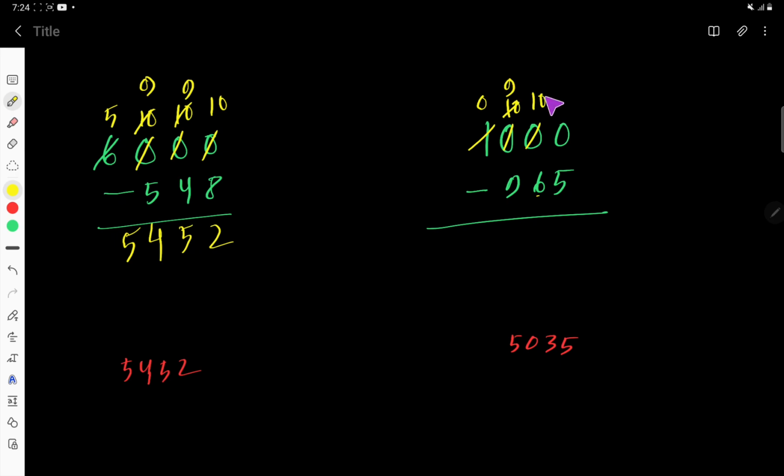Just borrow 1 ten, so it becomes 9 and it becomes 10. 10 minus 5, 5. 9 minus 6, 3. 9 minus 9, 0. Then look, 0 minus 0, that is 0. We have nothing to do, right?